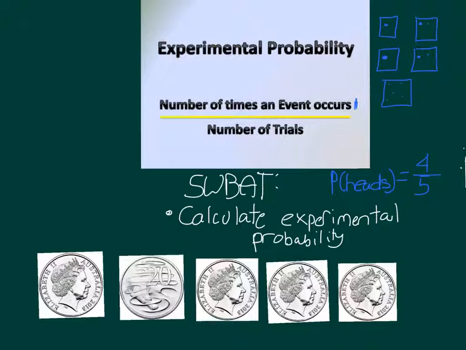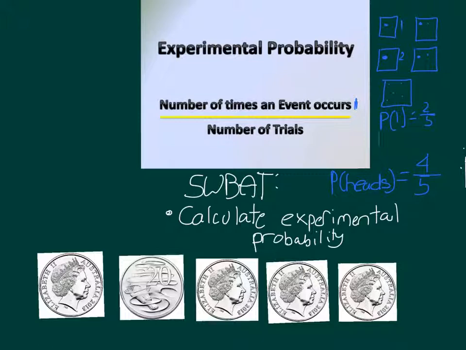Okay, so in this case of rolling the die, the experimental probability of getting, say, a 1 is 2 over 5. Okay, because it happened twice. I got 1 on 2 rolls, and there were 5 rolls in total.